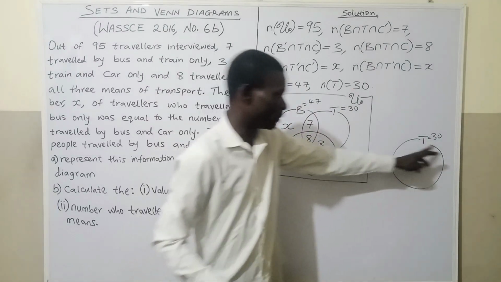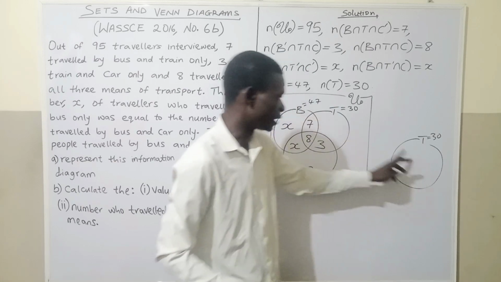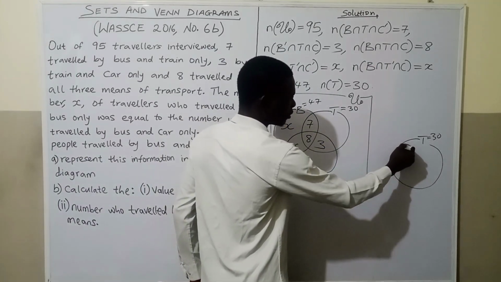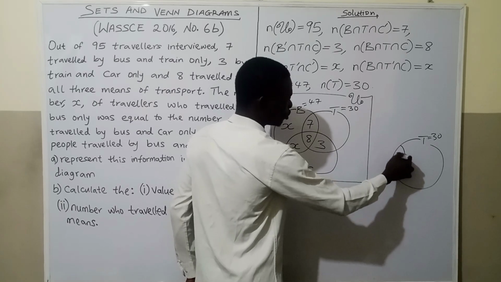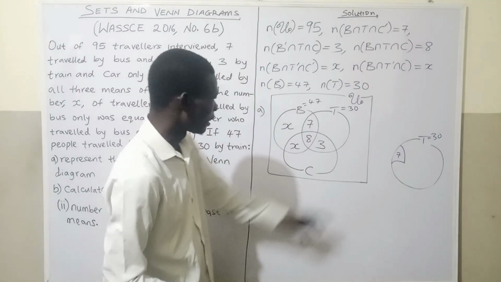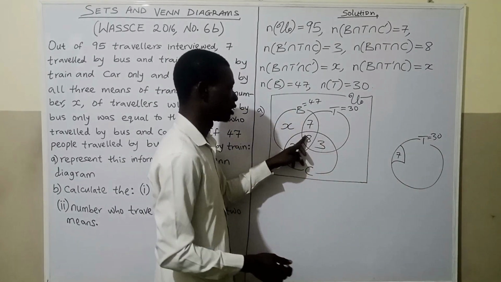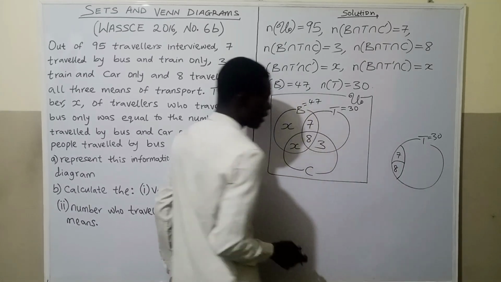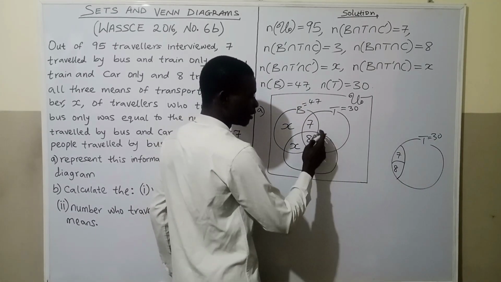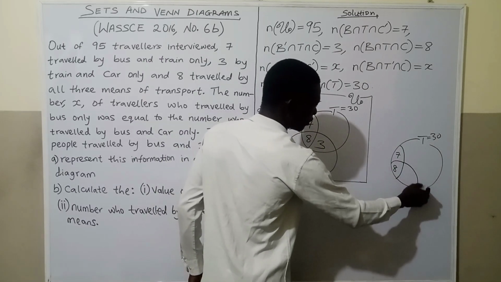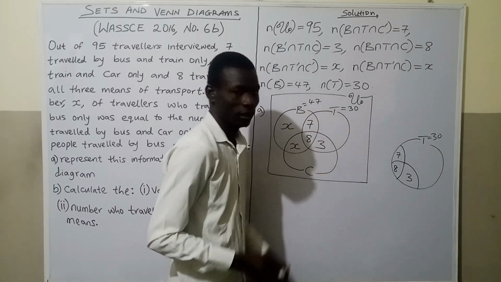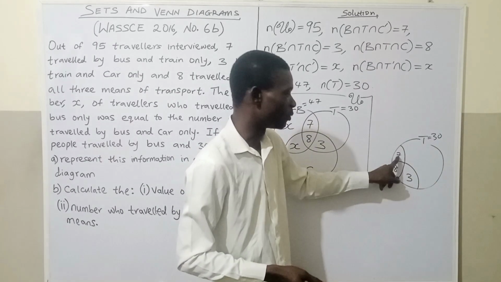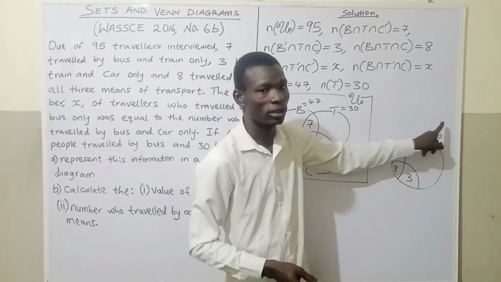Out of this 30, this 7 has been cut off, this portion, 8, has also been cut off, and finally this portion, 3, has been cut off. If the totality is 30, remove 7, you'll be left with 23.